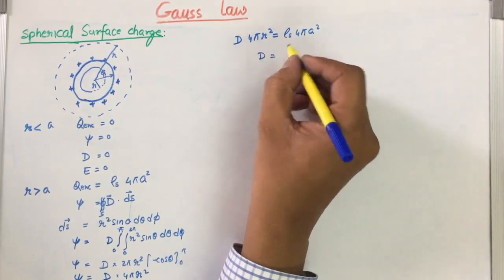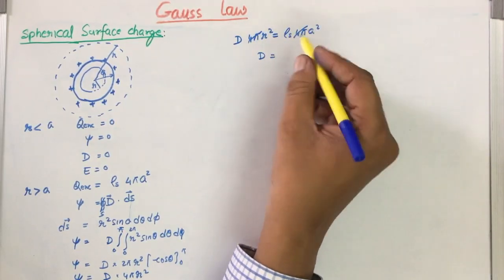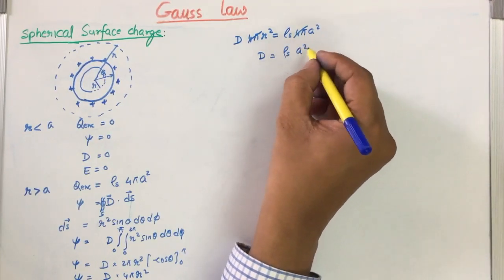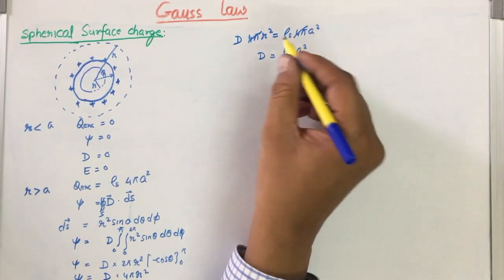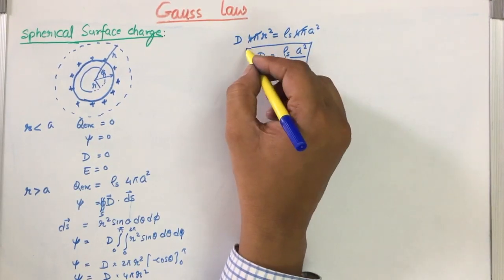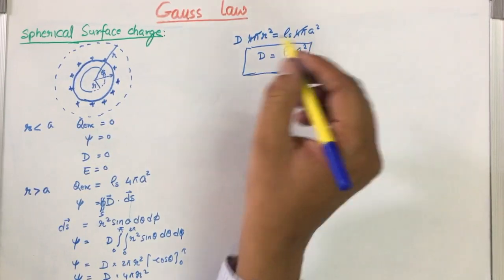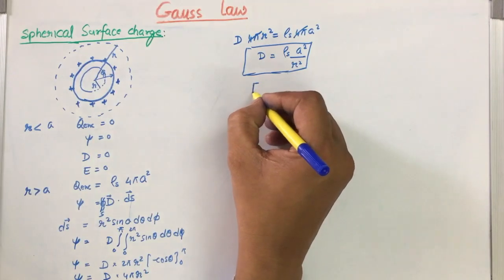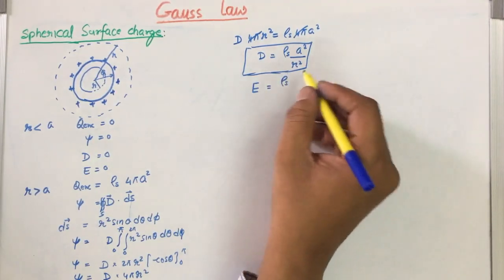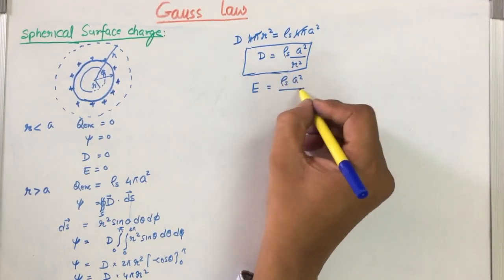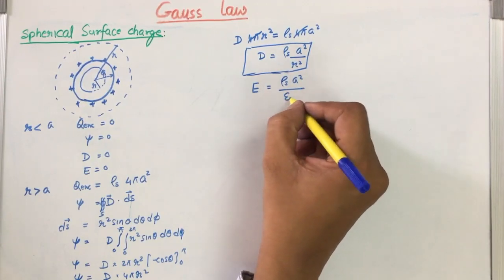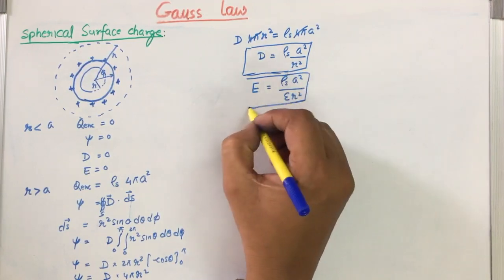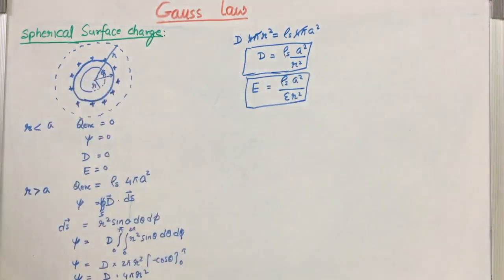The 4 pi cancels out, so D equals surface charge density rho s a square divided by r square. This is the flux density in the case of spherical surface charge. And from here, E will be rho s a square by epsilon r square. This is the electric field in the case of spherical surface charge.